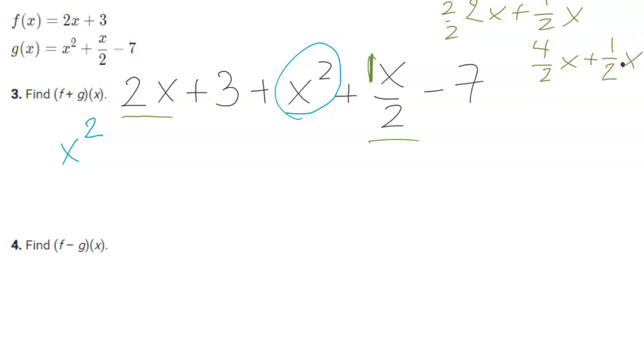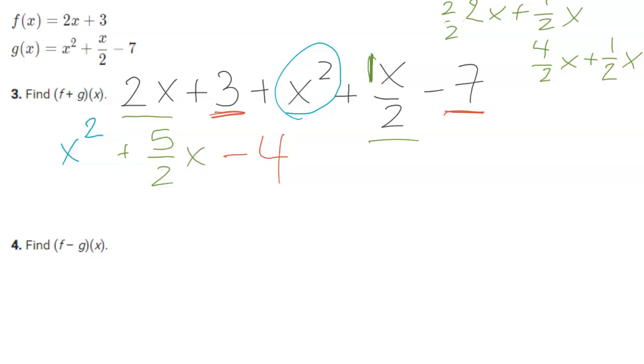So 4/2 and 1/2 turns into 5/2. Okay, and then for our constant terms, I see here a positive 3 and a negative 7. 3 and negative 7 is a negative 4. And that looks like our final answer.